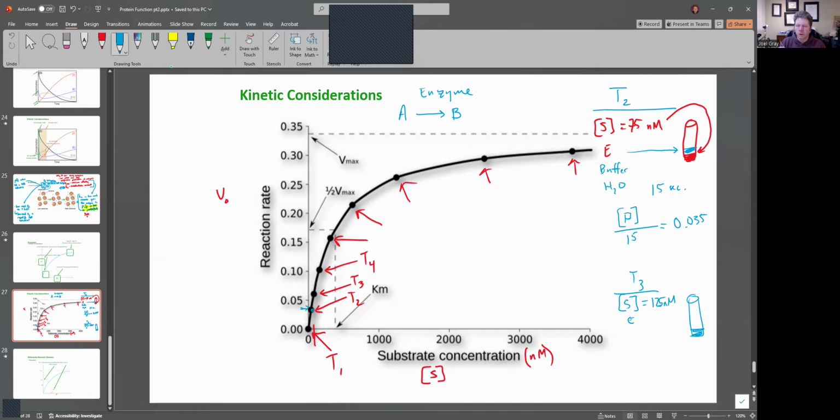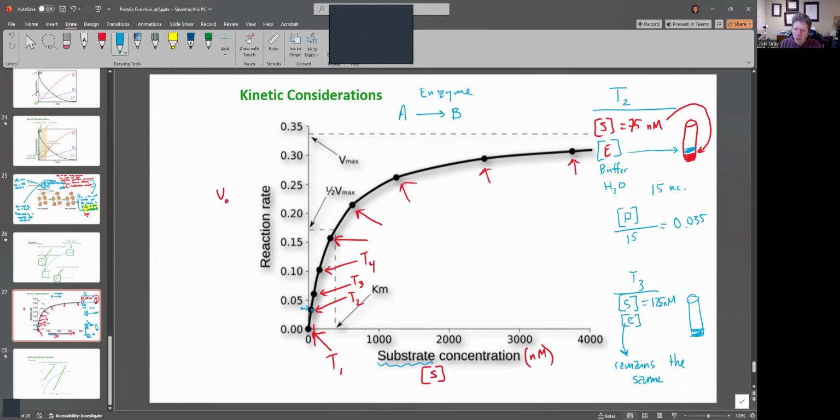Over the course of these different trials, they will be varying by increasing the substrate concentration, but the enzyme remains the same. And I'm going to go ahead and bracket that E so that you recognize that the concentration will remain the same. And they're going to do all of these trials.